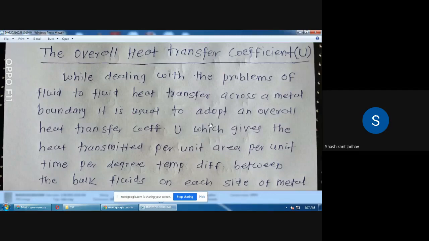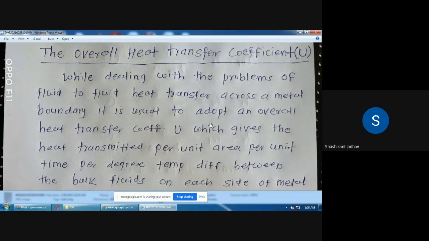So what is meant by overall heat transfer coefficient? While dealing with the problems of fluid to fluid heat transfer across a metal boundary, it is usual to adopt an overall heat transfer coefficient U, which gives the heat transmitted per unit area, per unit time, per degree temperature difference between the bulk fluids on each side of the metal.